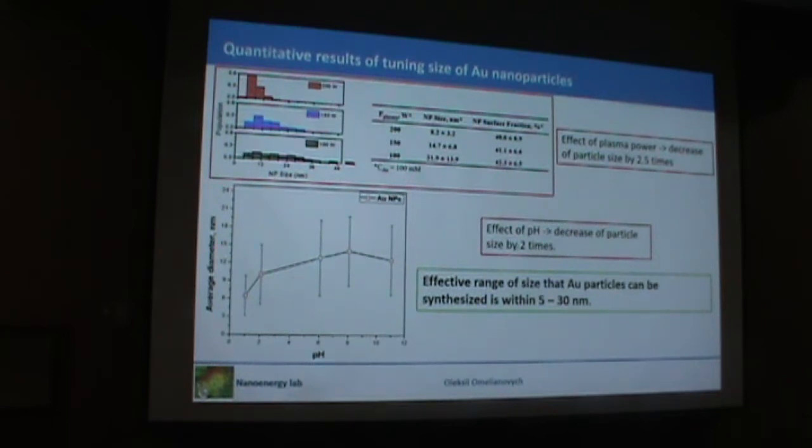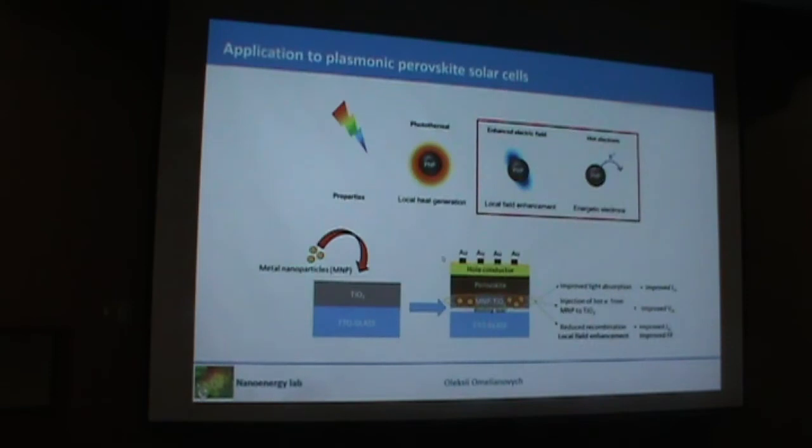So the window could be increased by an additional 2 times. To sum it up, by adjusting the plasma conditions and the pH of the solution, gold nanoparticles could be synthesized in the range between 5 and 30 nanometers.